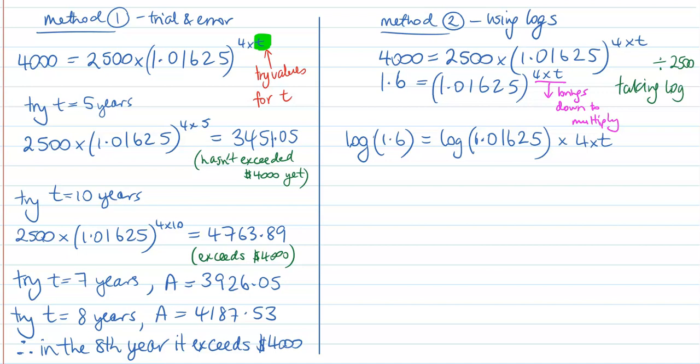And then from there, I'm just applying my reverse BIMDAS to move everything over to the other side of the equation to isolate my t value. So because I've got multiplies there, I'm going to move them. So I'm going to choose to move the times log 1.01625 first by dividing.